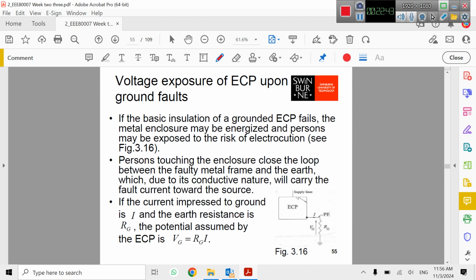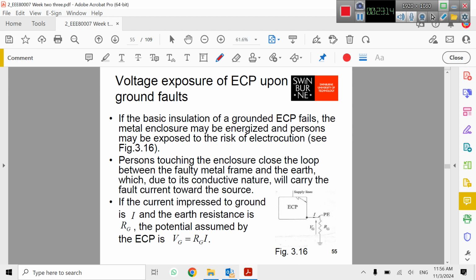So if any single line to ground fault happens and then a person touches that enclosure, the closed loop between the faulty metal frame and the earth, due to its conductive nature, will carry the fault current toward the source. So if anybody touches, you will carry the current toward the source.